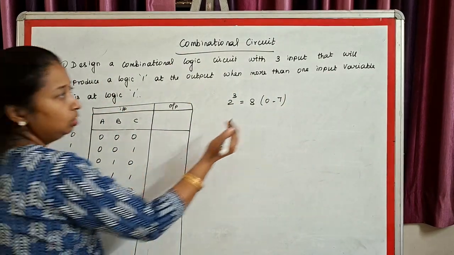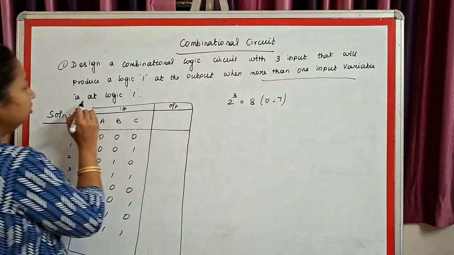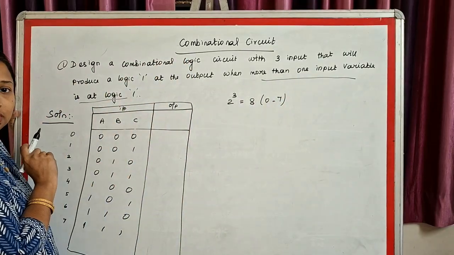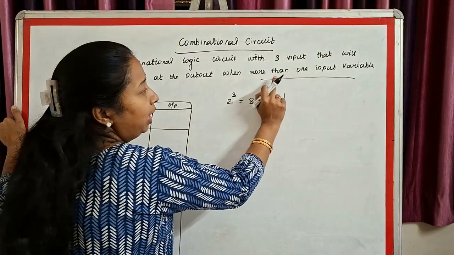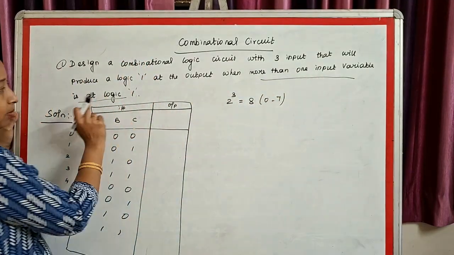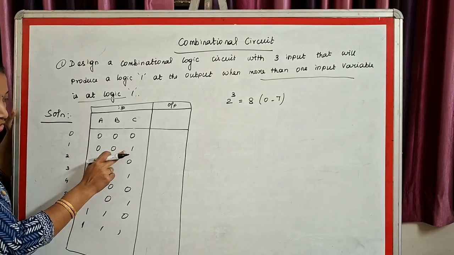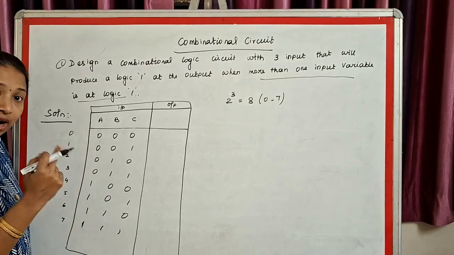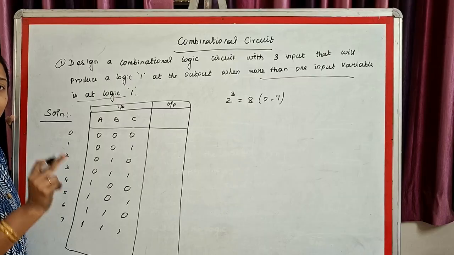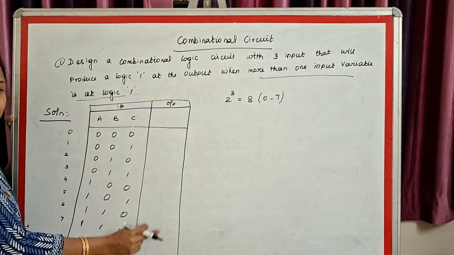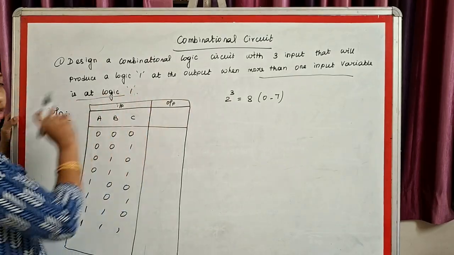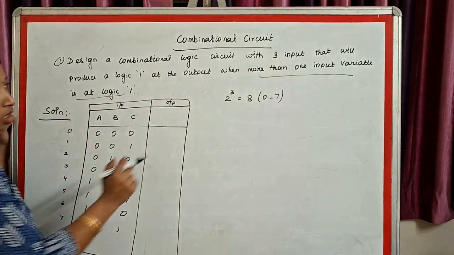This is the clue for finding your output. Wherever you have more than 1 occurrence of 1, only those numbers will have the output as logical 1. That is what they are mentioning.